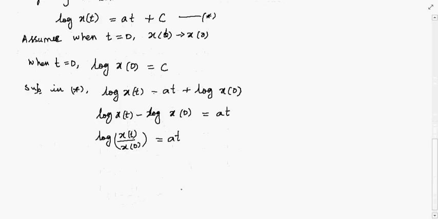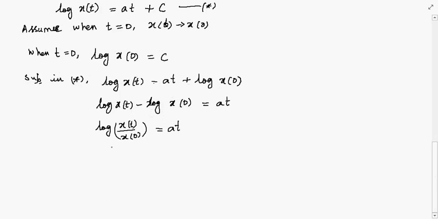Now taking exponentiation on both sides, we'll get x of t by x of 0 is equal to e power at, which implies x of t, the population at time t, is equal to x of 0 into e power at. This right hand side is the solution of this differential equation, or it gives the population at time t.